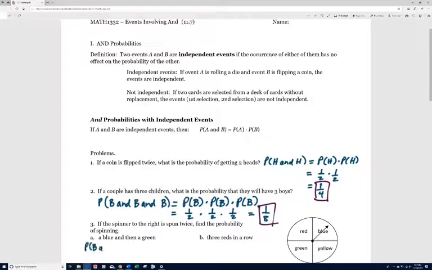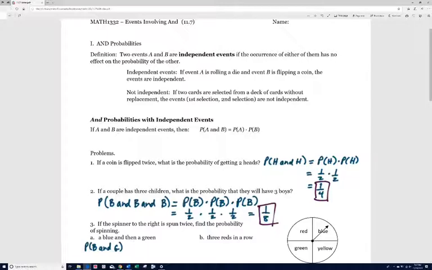Alright, the probability of getting a blue and a green. Notice when I spin this spinner, each time I have a 1 in 4 chance of getting any of the 4 colors. And it doesn't matter if I get a blue the first time, it's still going to be a probability of 1 in 4 that I get a green on the second spin.